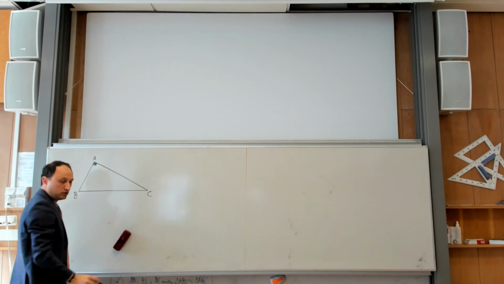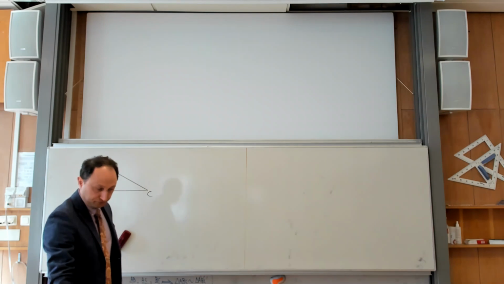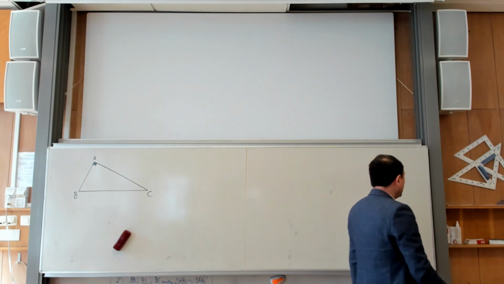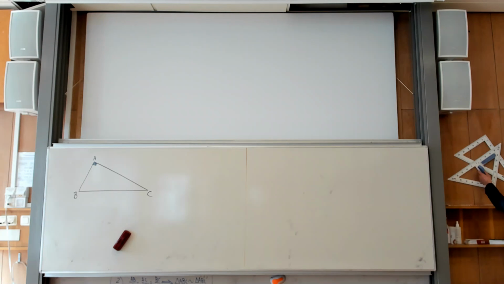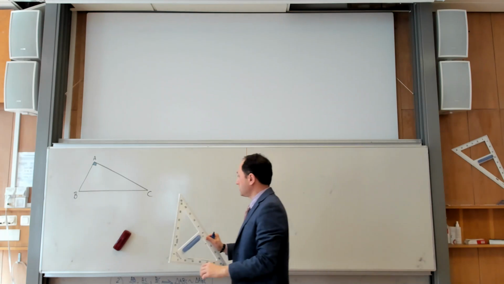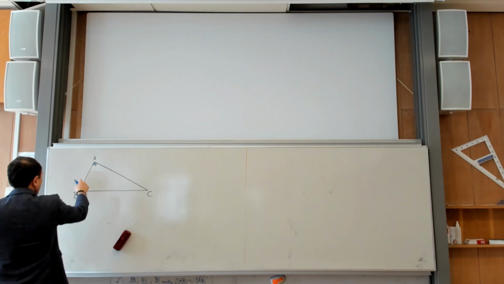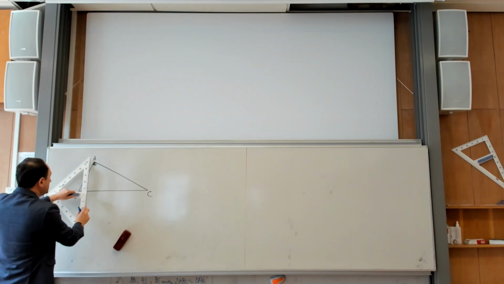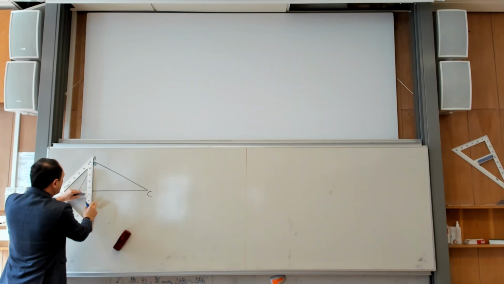But what I do, I draw an altitude for this. Altitude for the hypotenuse. What does it mean? It means that I just drop a perpendicular line from A to BC, okay?